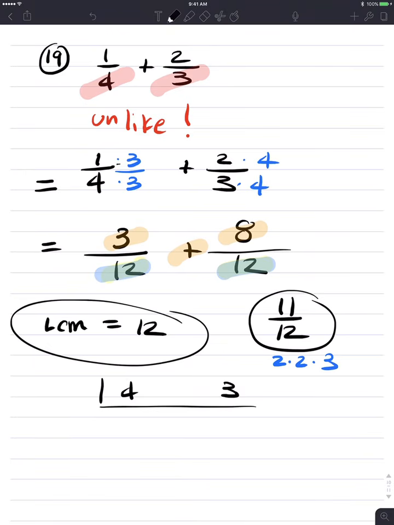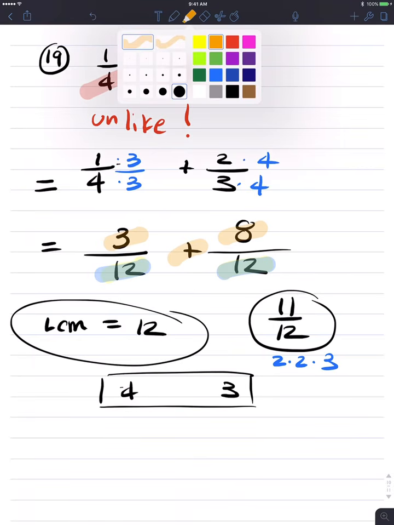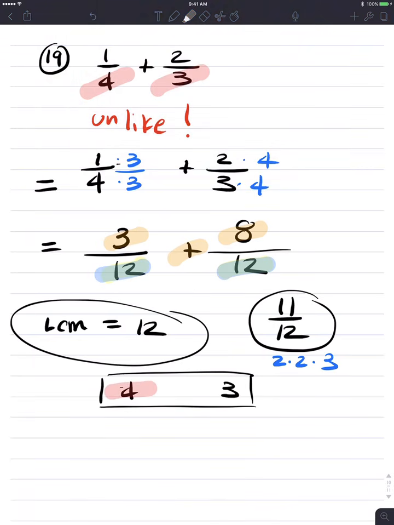It does not divide both. The next prime is 3. 3 divides 3 with a 0 remainder, but 3 doesn't divide 4 with a 0 remainder. The remainder is 1. So if we look for a prime that divides both, we find that there is no prime. The LCM will simply be the product here of 4 with 3, which gave us the 12.